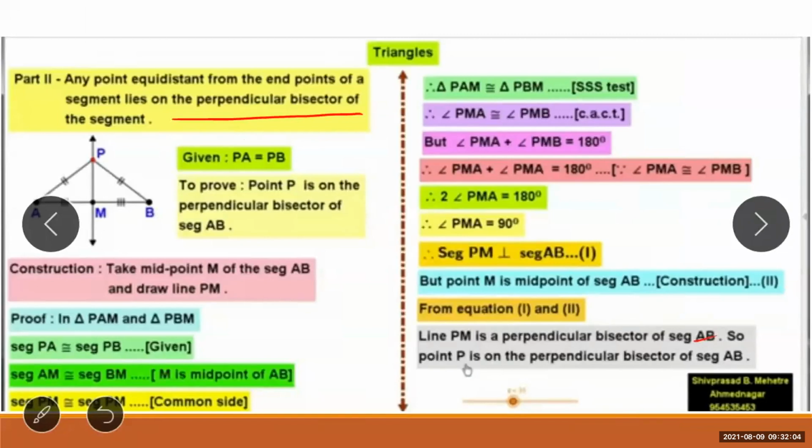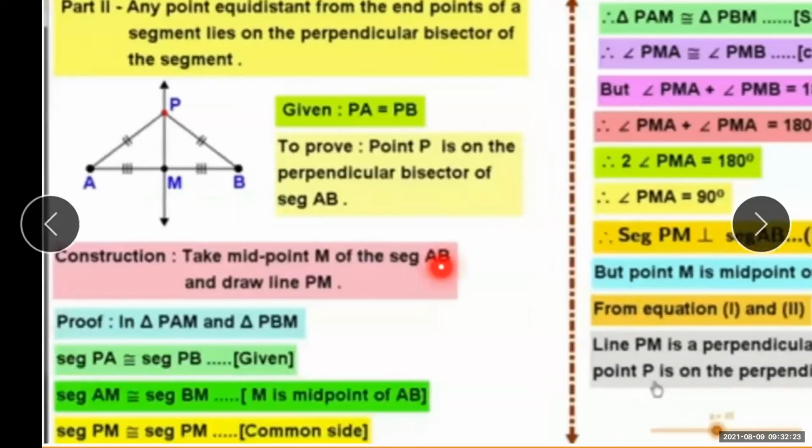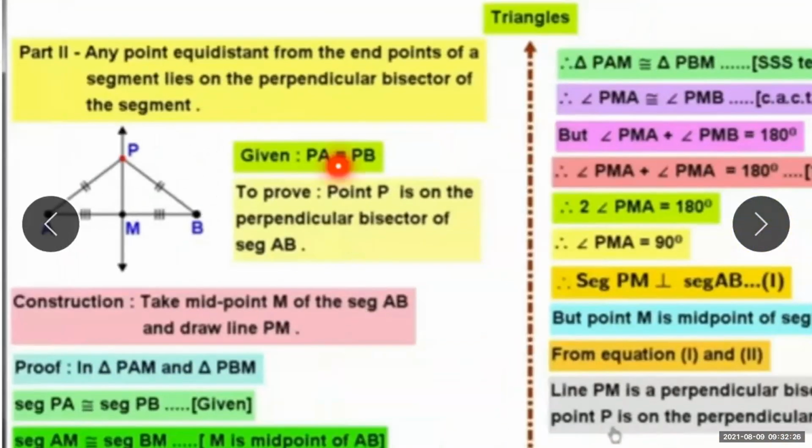Now, as that is given, equidistant, that is given. It was already told. So in the given, here PA equals PB. And what we have to prove?